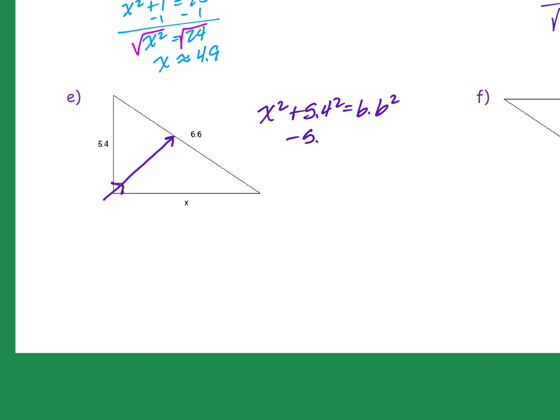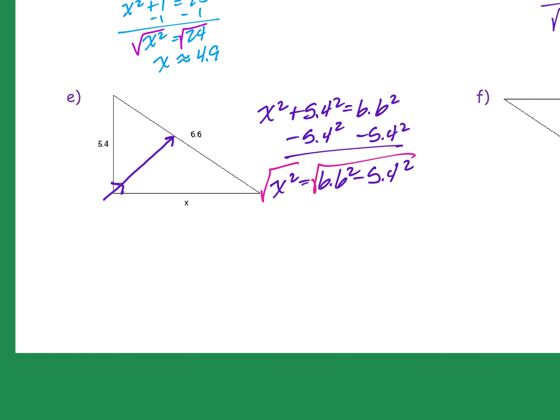So if I subtract 5.4 squared, I'm going to end up with x squared is going to equal 6.6 squared minus 5.4 squared. And I find the square root of that. X is approximately going to be equal to 3.79.